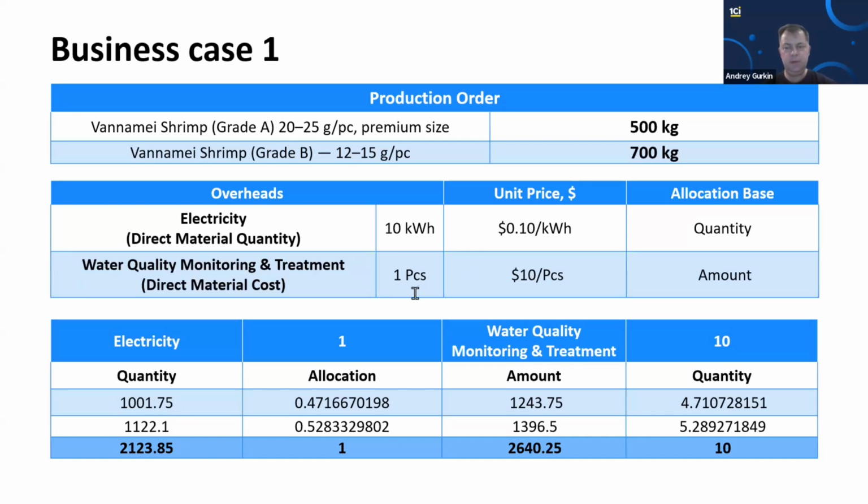Again, for us, it doesn't matter, pieces, hours, etc. So this is the second thing here, where we are registering our direction. Here you can see that we are choosing expense item.